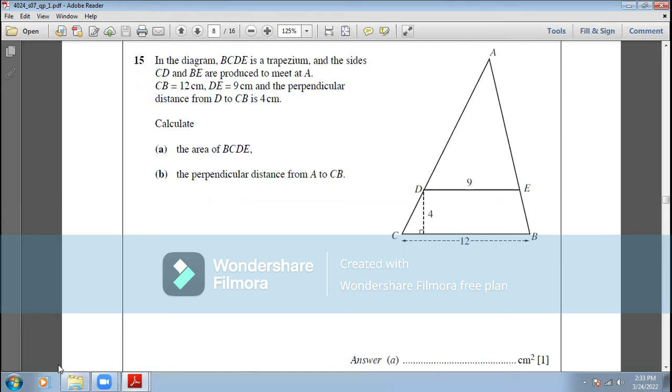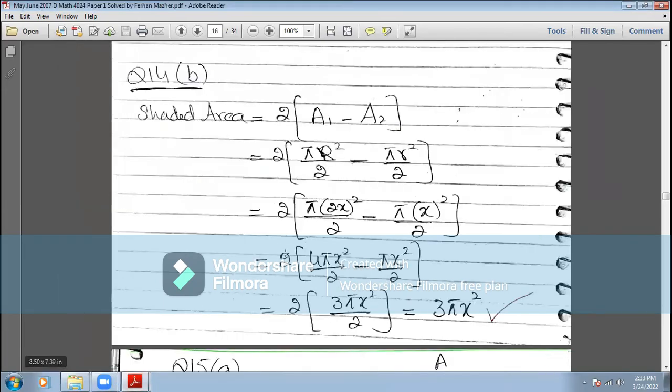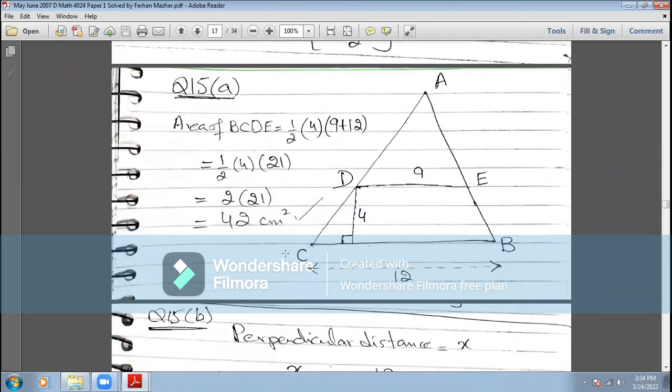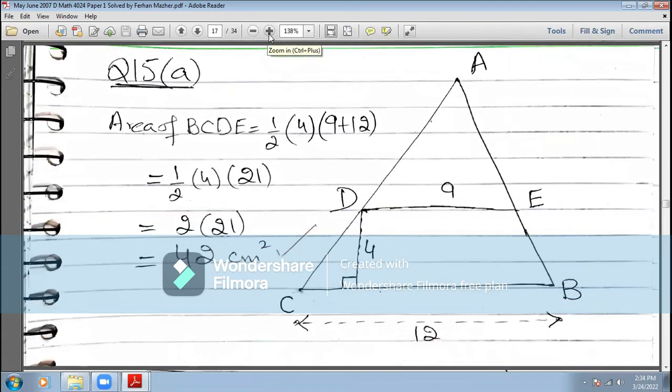So we can find the area of the trapezium. The formula is very simple: 1 by 2 into height into sum of parallel sides. This is how you find the area of the trapezium. So question number 15, A part is showing up on your screen. I hope you can see that. Okay, so the area of the trapezium BCDE will be 1 by 2 into height into sum of parallel sides.